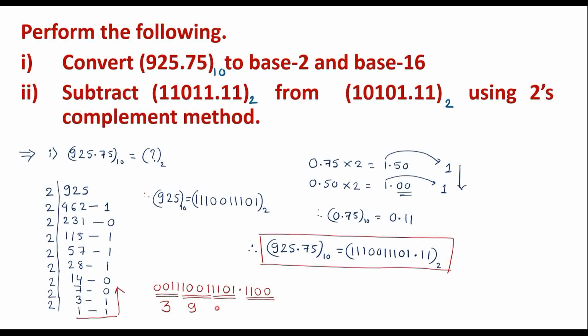Here we have 1101, which is equivalent to D, and 1100, which is equivalent to C. Therefore, the hexadecimal representation of the given decimal number 925.75, which is in decimal, is equal to 39D.C in hexadecimal. This is the solution for the first subproblem.